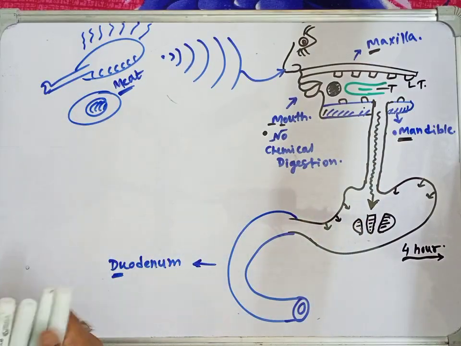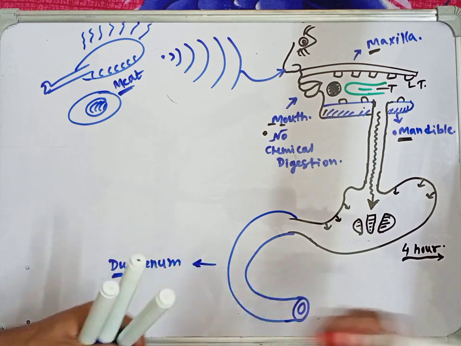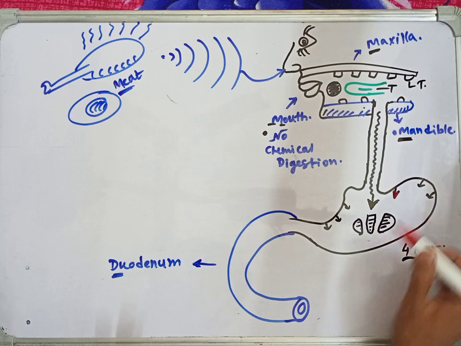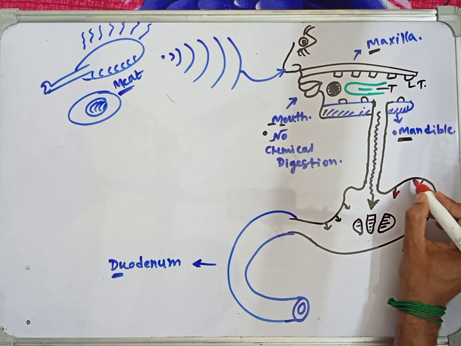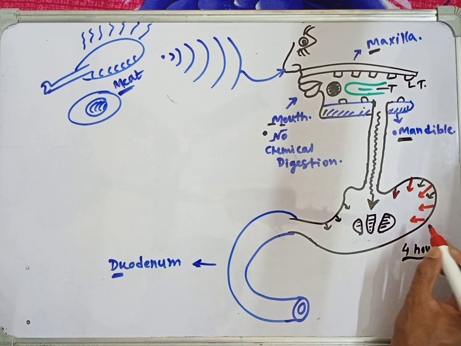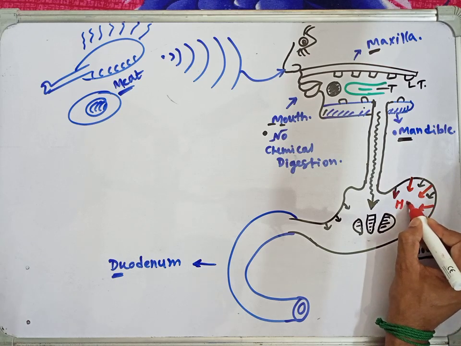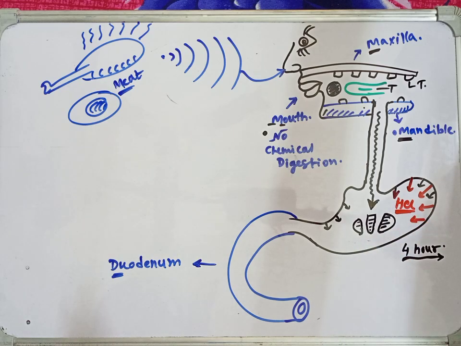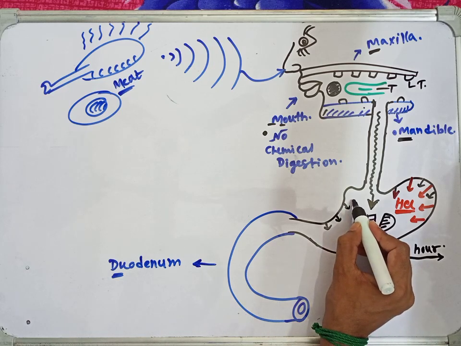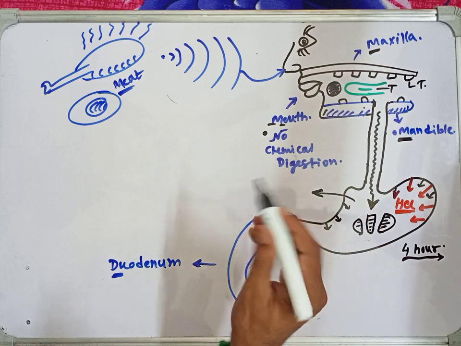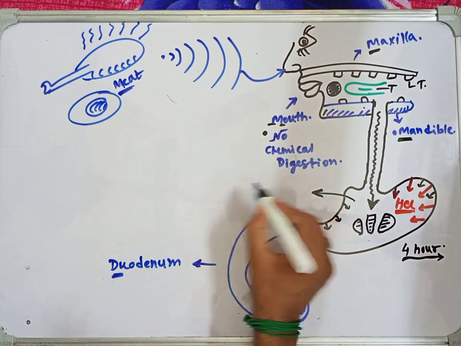Now the real digestion of protein starts from the beloved stomach, right? You know very well that the stomach is responsible for releasing HCl, hydrochloric acid, as well as for production of the protein digestive enzyme, pepsinogen.